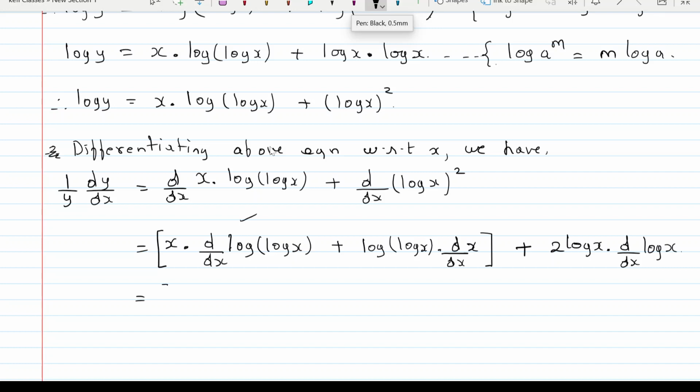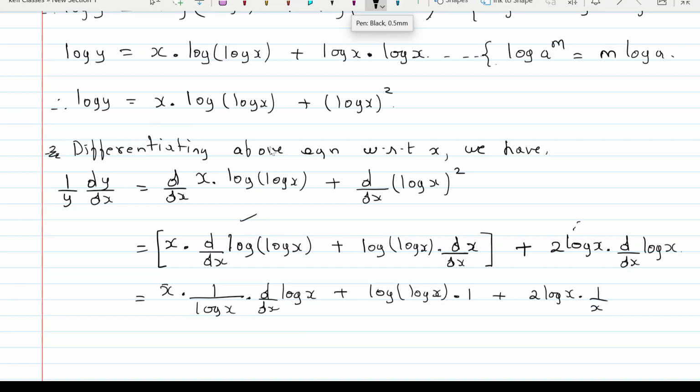So this will be equal to x into d by dx of log x is 1 upon log x into d by dx of log x plus log of log x into 1 plus 2 log x into 1 by x.